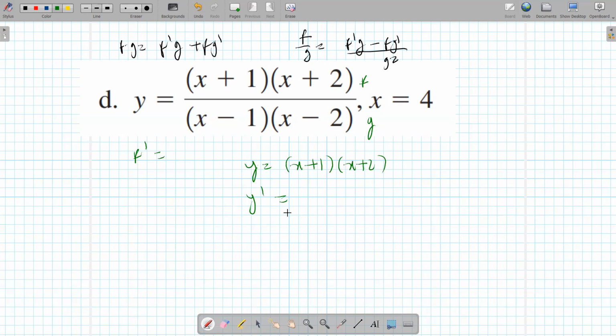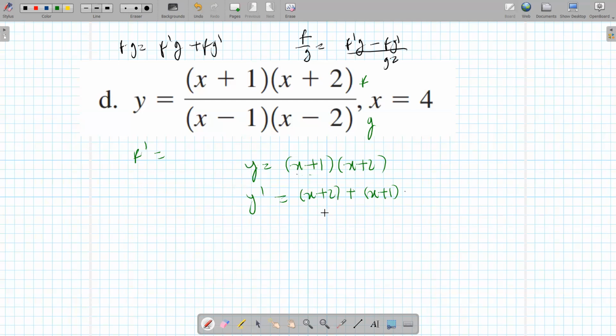You see there's two things being multiplied into one another, right? It's a product rule. And product rule says the derivative of the first guy, what's the derivative of x plus 1? It's 1. So it's 1 times the second guy as it is, plus the first guy as it is, times the derivative of the second one, which is also a 1.